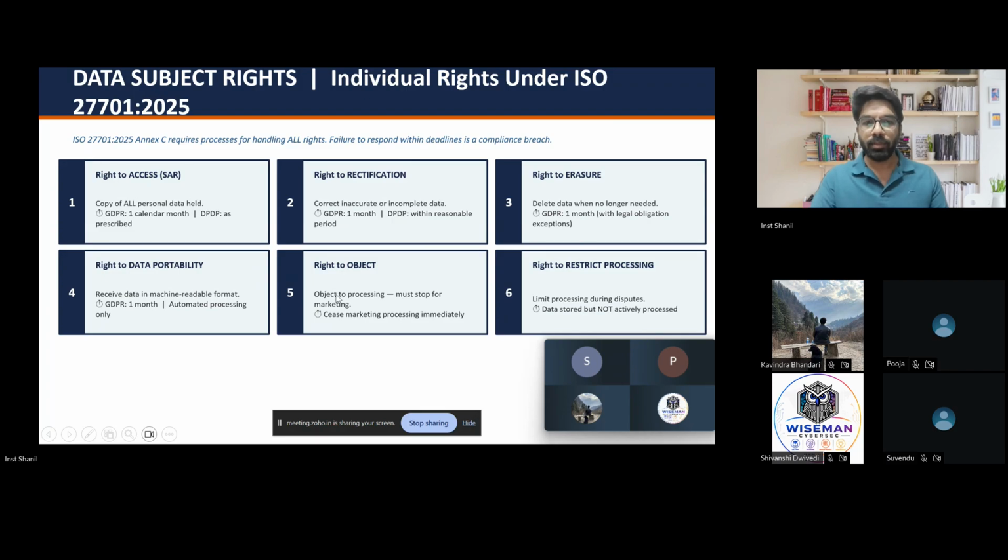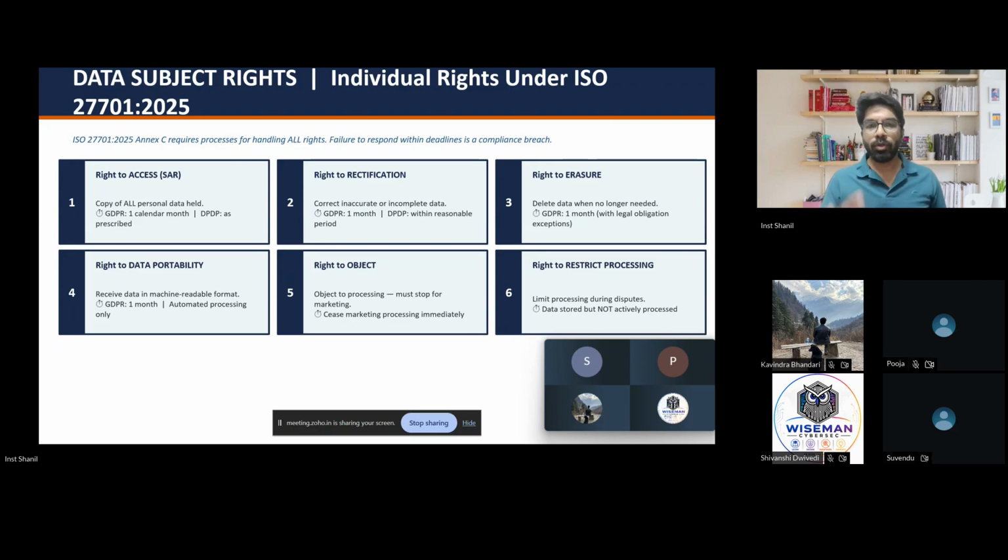Right to object. Processing must stop for marketing. If I talk about the cookies page or the consent section, you always have an option to reject the cookies. And once you reject the cookies, your data would not be used for marketing. And even if you have mistakenly clicked on accept cookies, you will start receiving marketing emails.